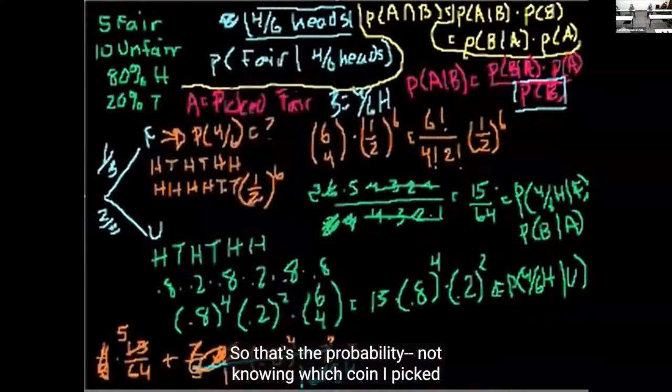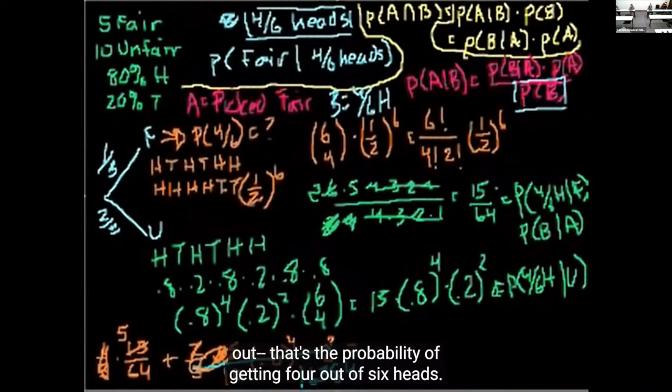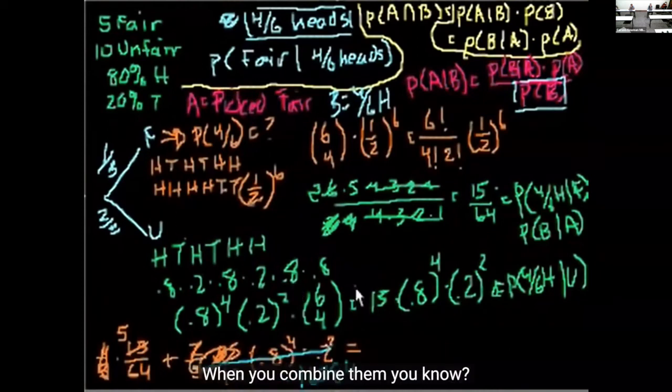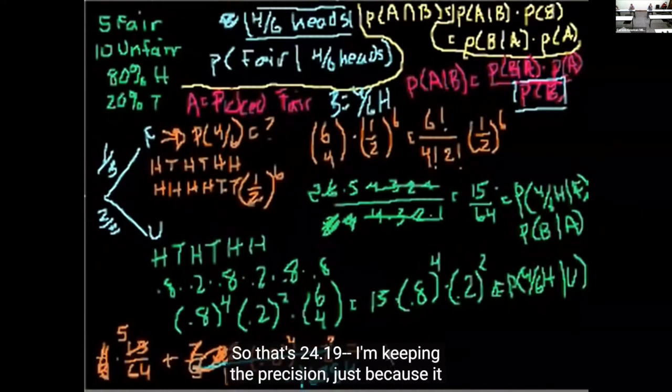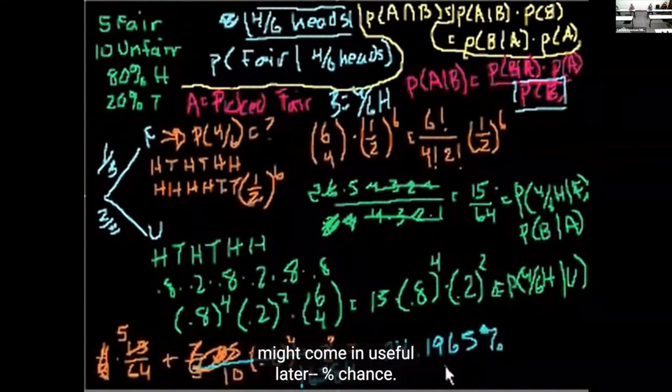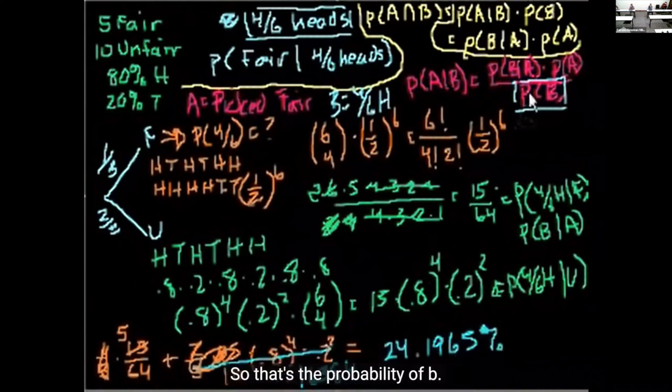So that's the probability, not knowing which coin I picked out. That's the probability of getting 4 out of 6 heads. When you combine it, it could be 1/3 chance fair, 2/3 chance unfair. So that's 24.19. I'm keeping the precision just because it might come useful later. % chance. So that's the probability of B.